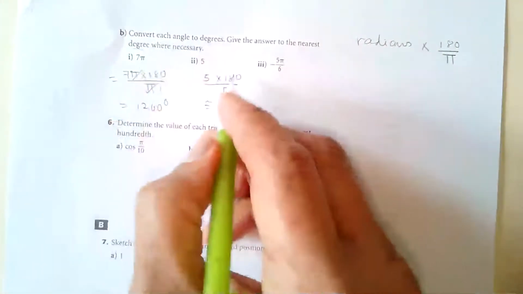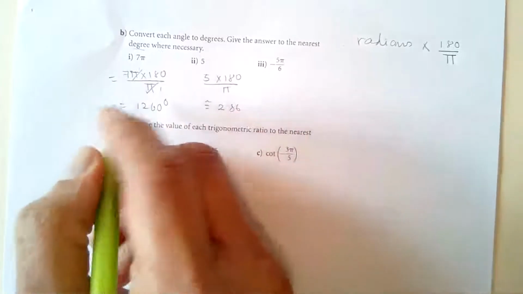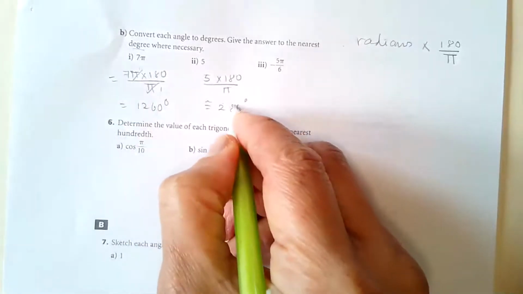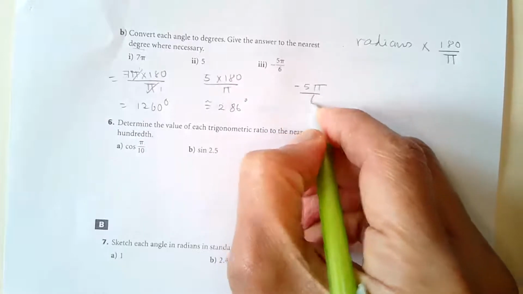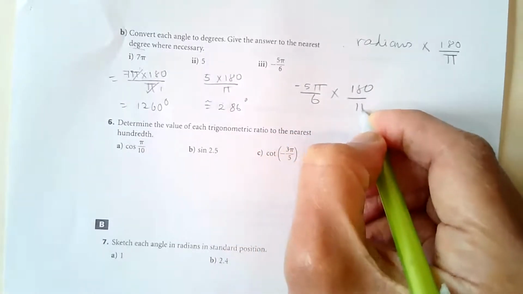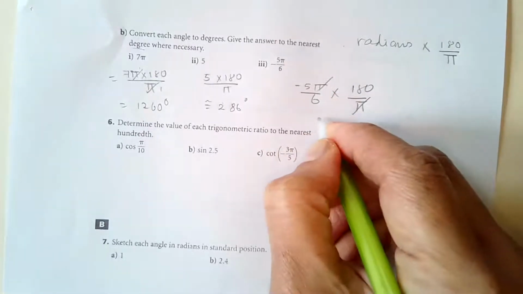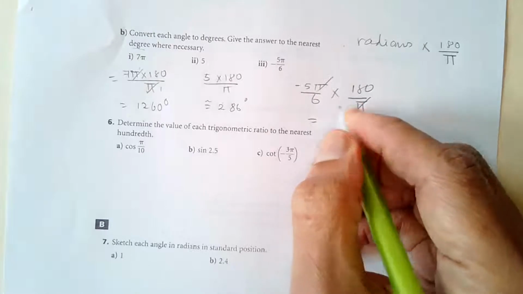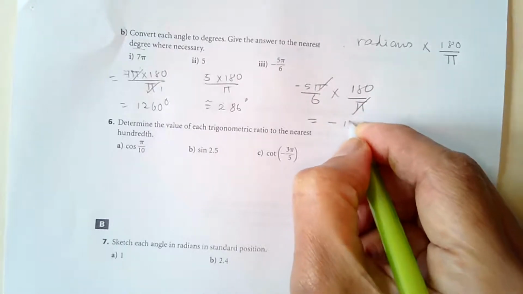So this would be 286 degrees. Now we have negative 5 pi over 6 multiplied by 180 over pi. Pi will factor out, and this works out to be negative 150 degrees.